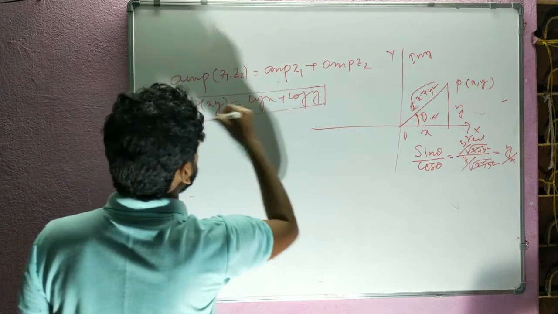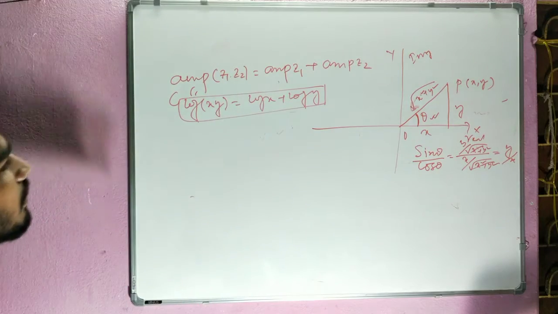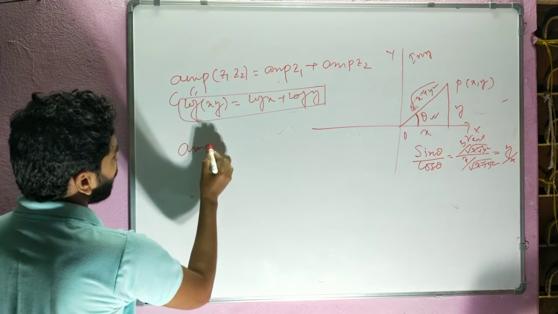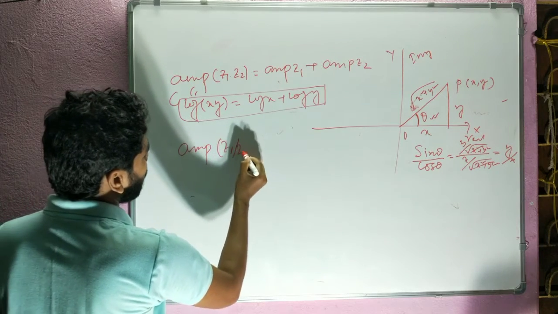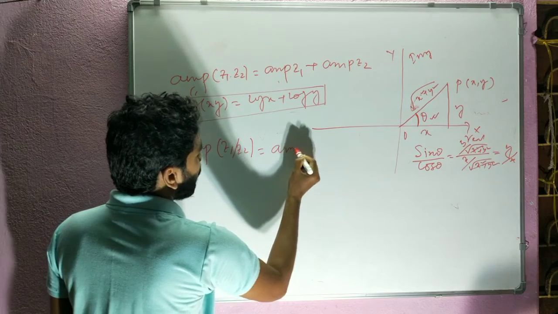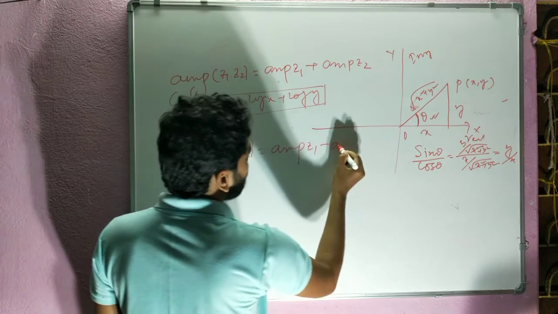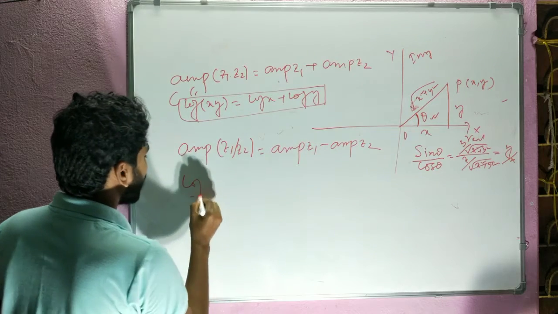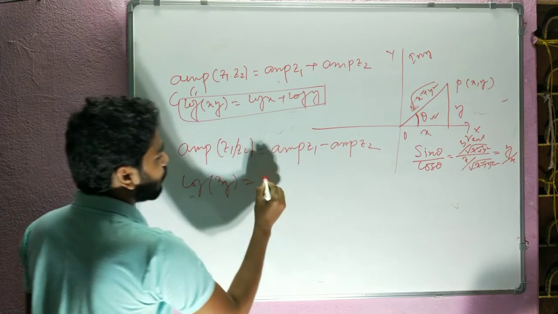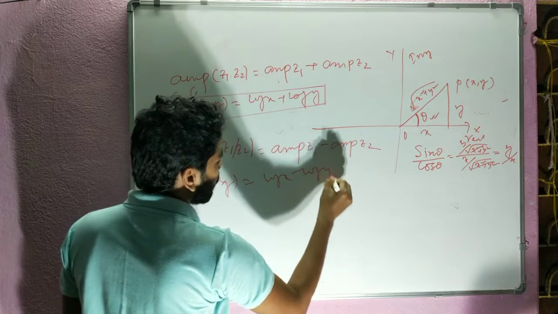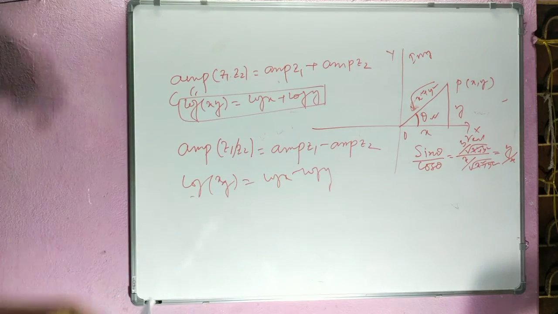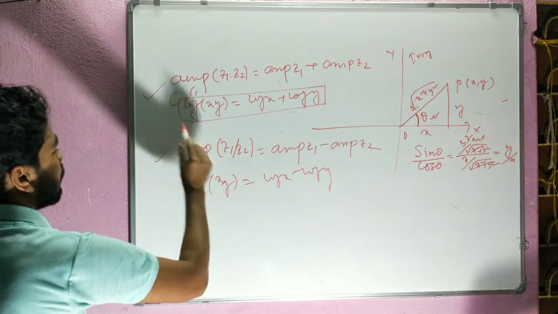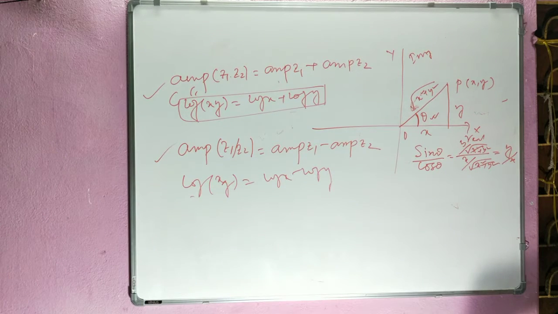Similarly, amplitude of z1 by z2 equals amplitude of z1 minus amplitude of z2, which means log of x by y equals log x minus log y. This is the amplitude formula of the complex number.